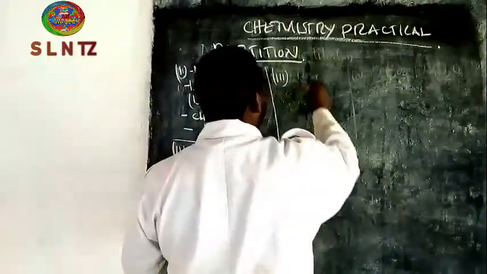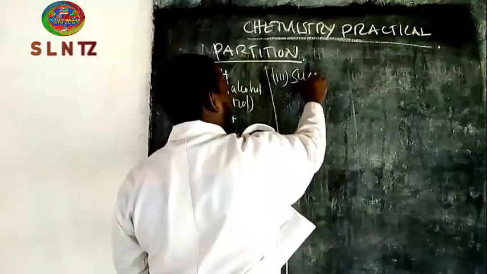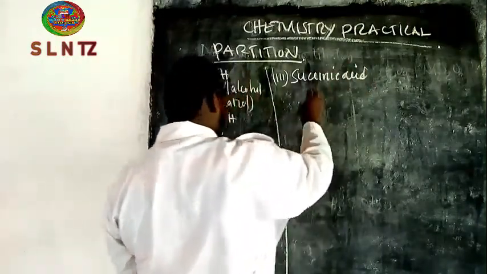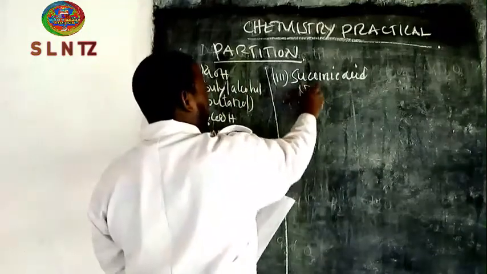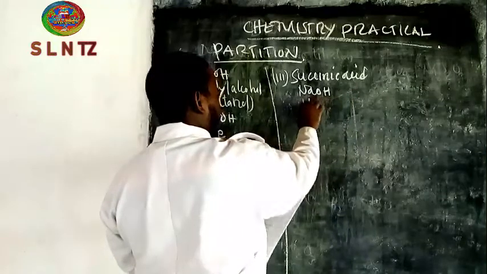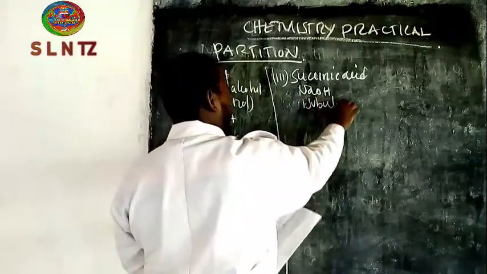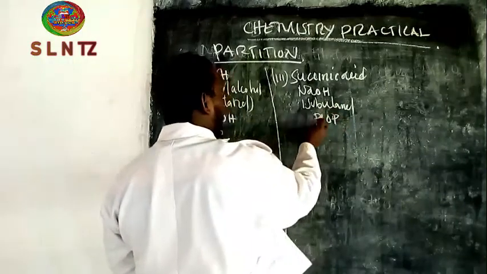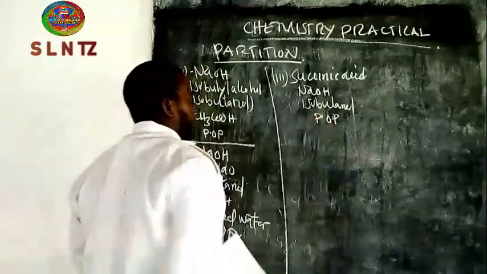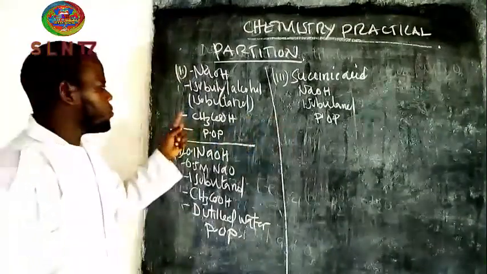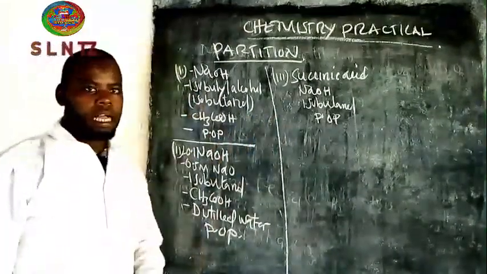You can have succinic acid. There is sodium hydroxide, isobutane, and the POP. So you see, the organic compound here is isobutane or isobutyl alcohol.